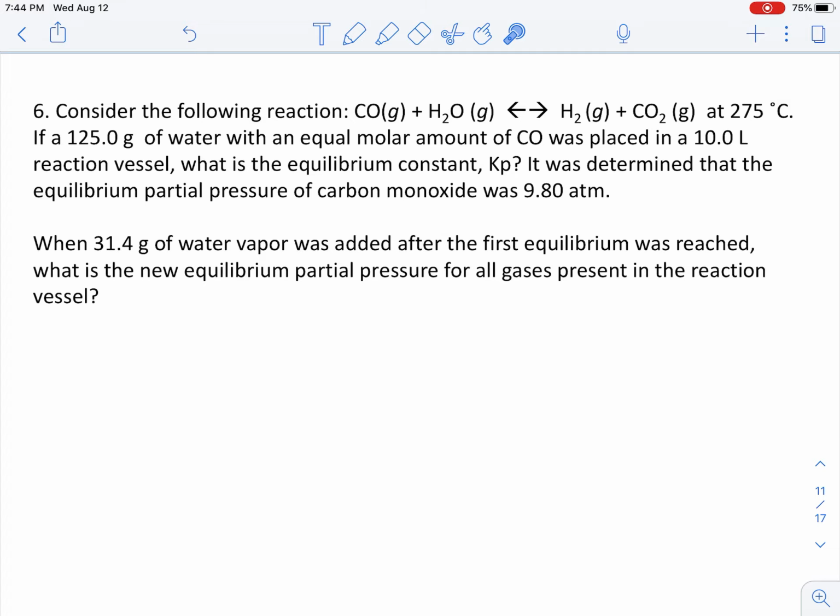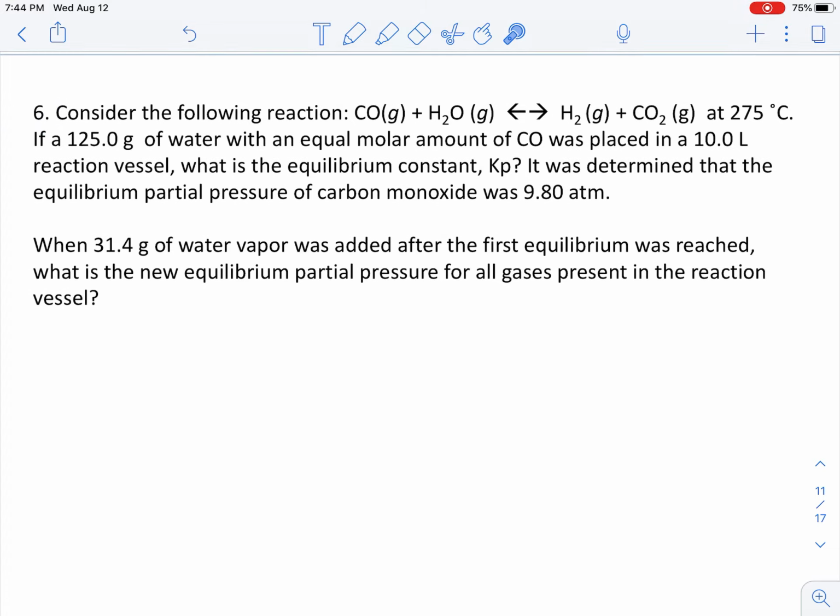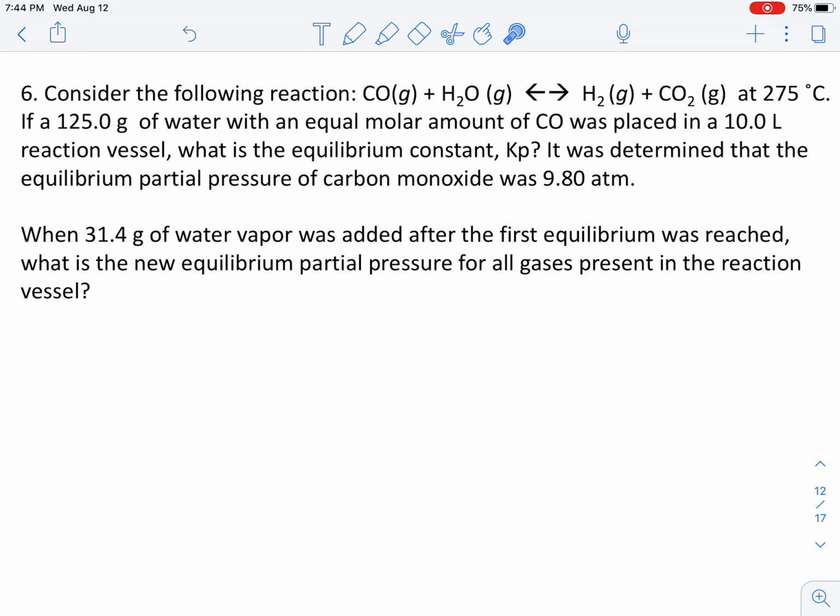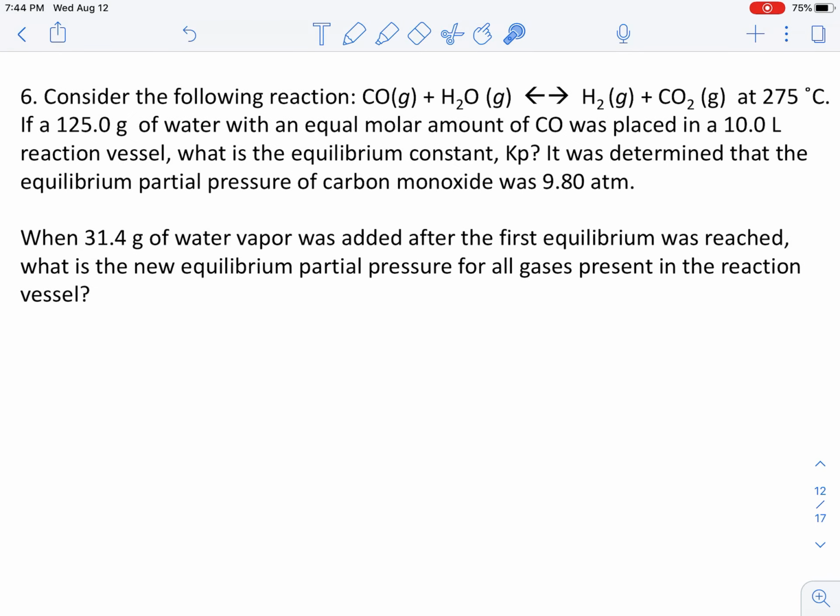So let's start. So our sixth and last class example for this chapter is a reaction that involves carbon monoxide and water vapor to produce hydrogen gas and carbon dioxide. And so we have 125 grams of water with an equal molar amount of carbon monoxide placed in 10 liters.